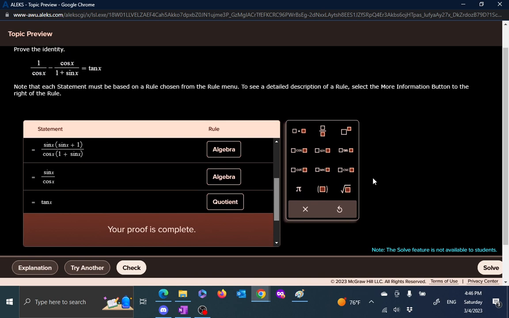The identities are becoming a little bit lengthier, and the number of steps are increasing. So again, I recommend you try through a whole lot of them. Do it on paper first, and when you are here, do one step at a time, and hopefully you get the hang of it.